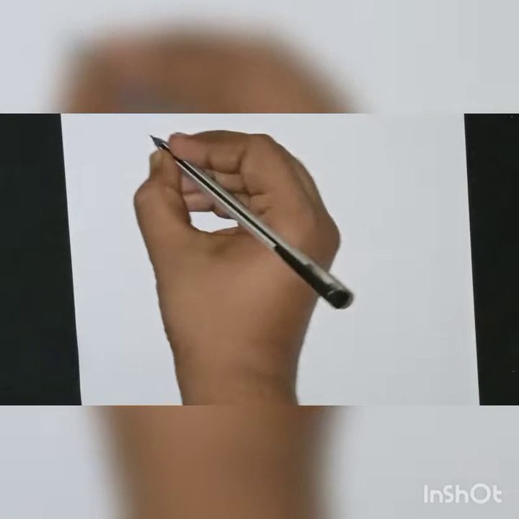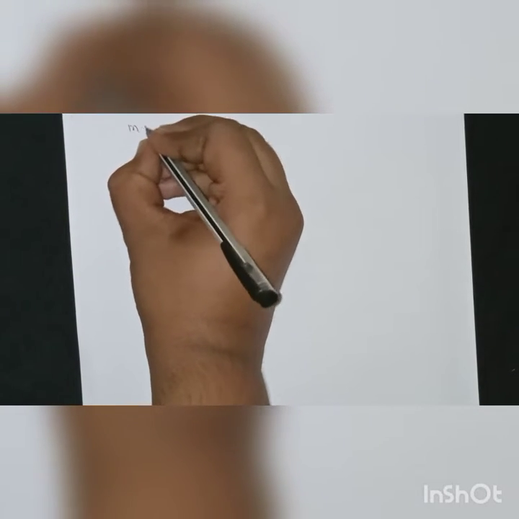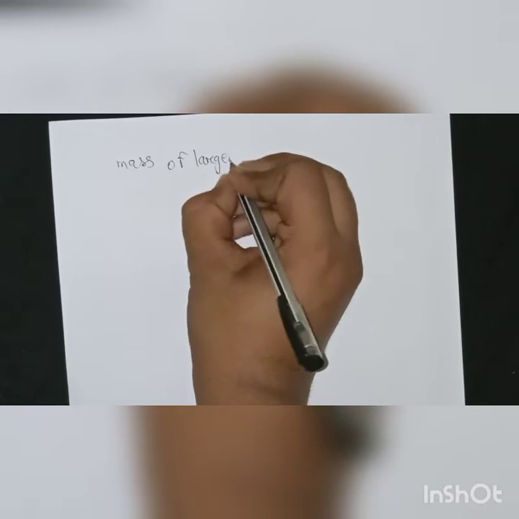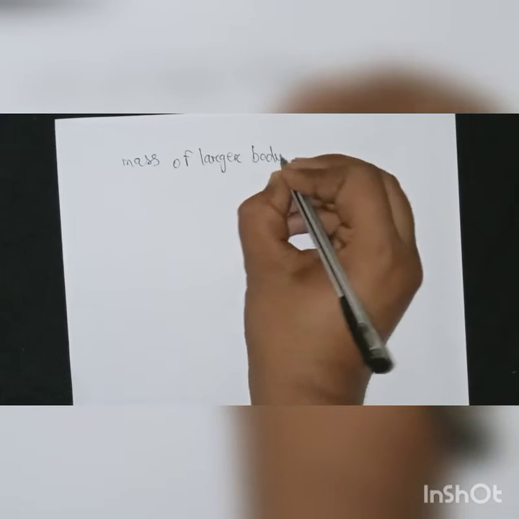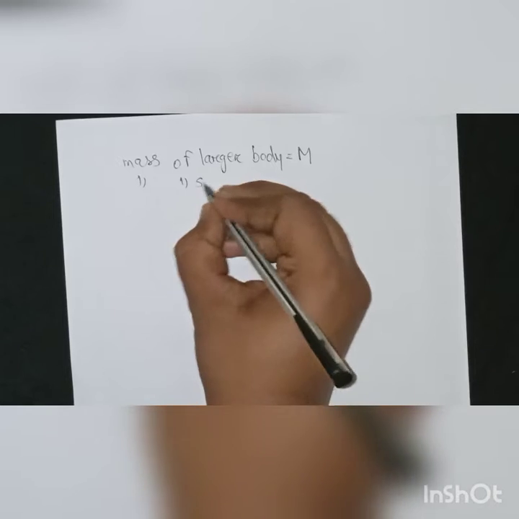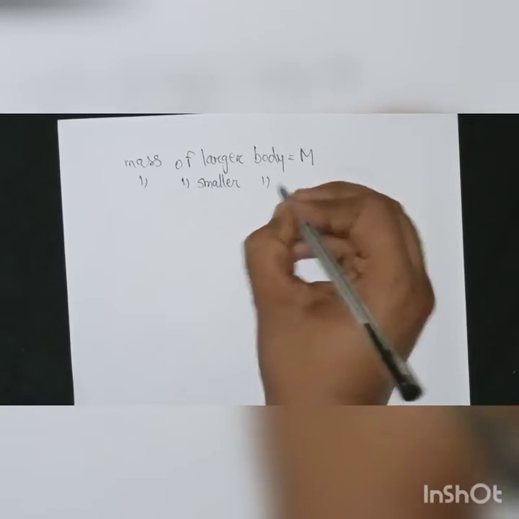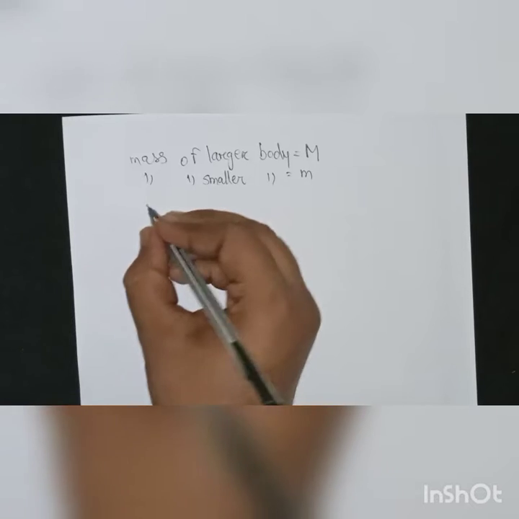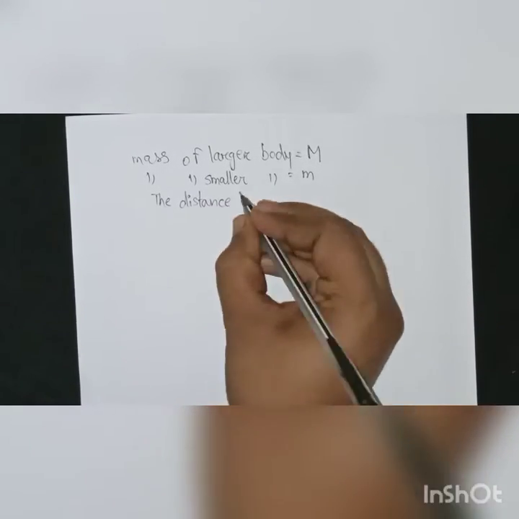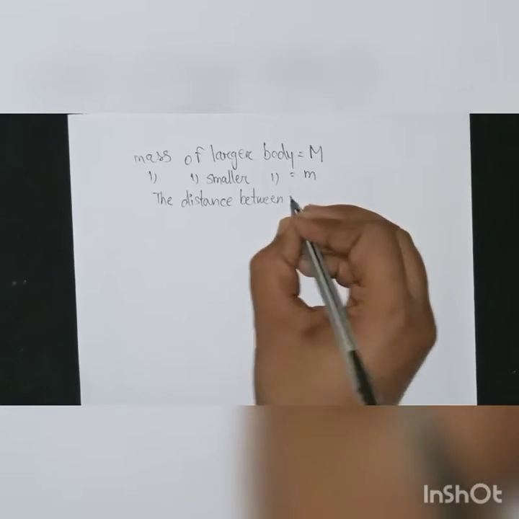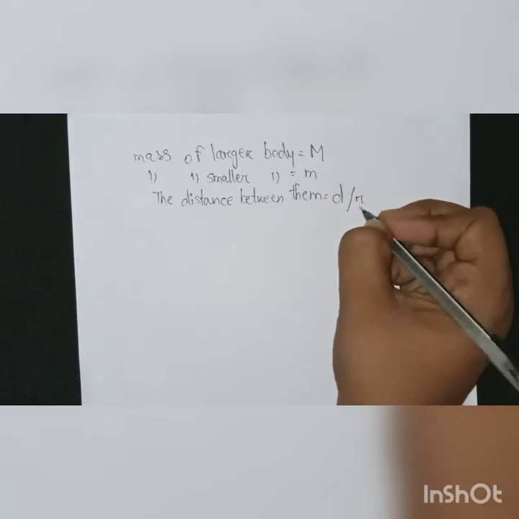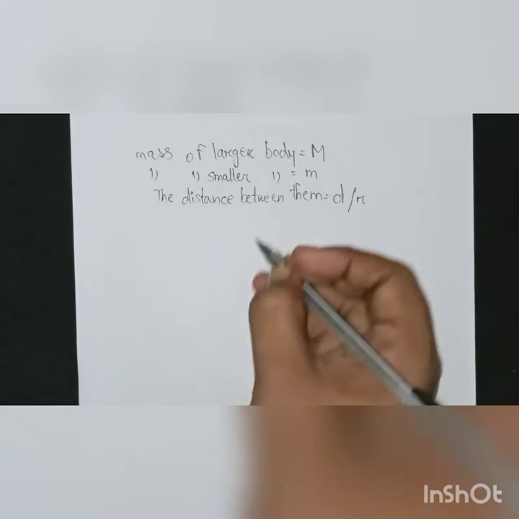So let the mass of the larger body be capital M, and the mass of the smaller body be small m, and the distance between them can be written as small d, or we can also write it as small r, but I am taking small d in this video.